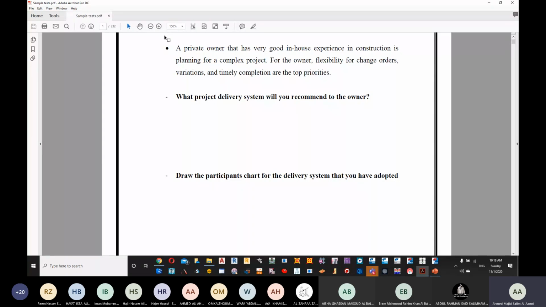Why? Because the design team and the construction team are sitting in the same place, so we don't need to complete the whole design before we start the construction. Even for changes, it's going to be easier because the designer is from the same company. We don't need to give it to somebody else in another company to modify our design in case of any change order. So the correct answer here goes to design, build.